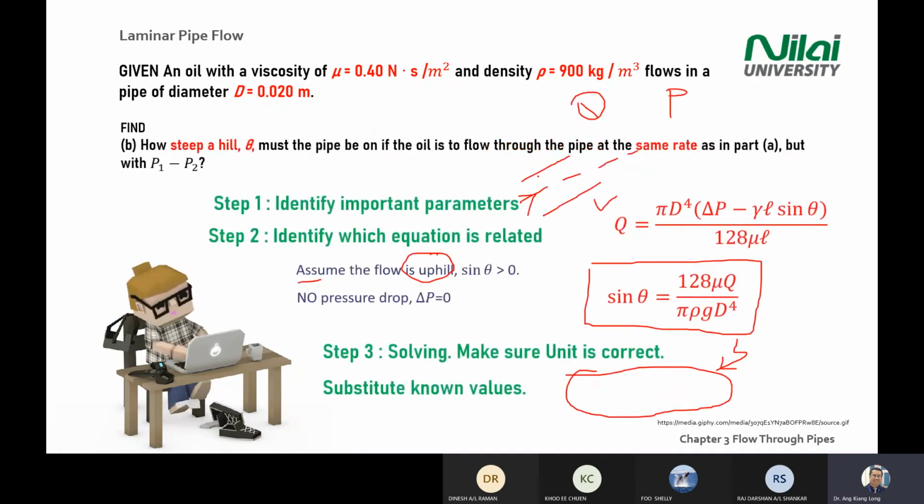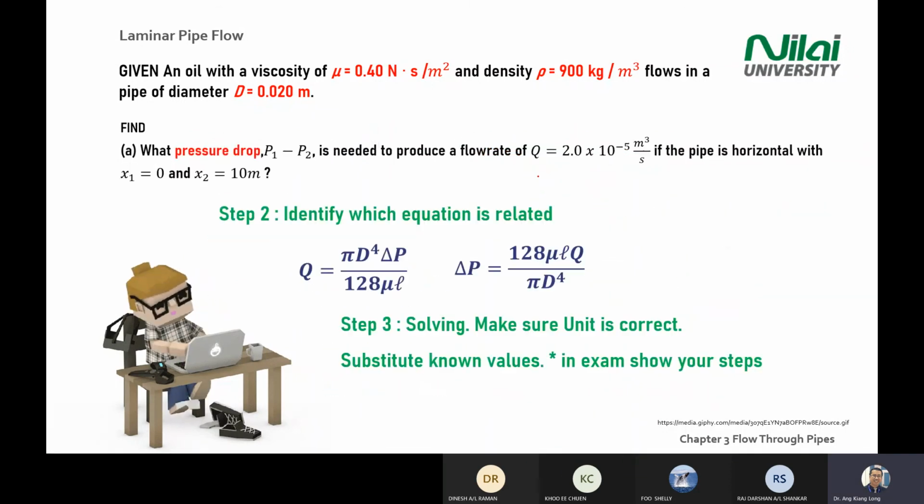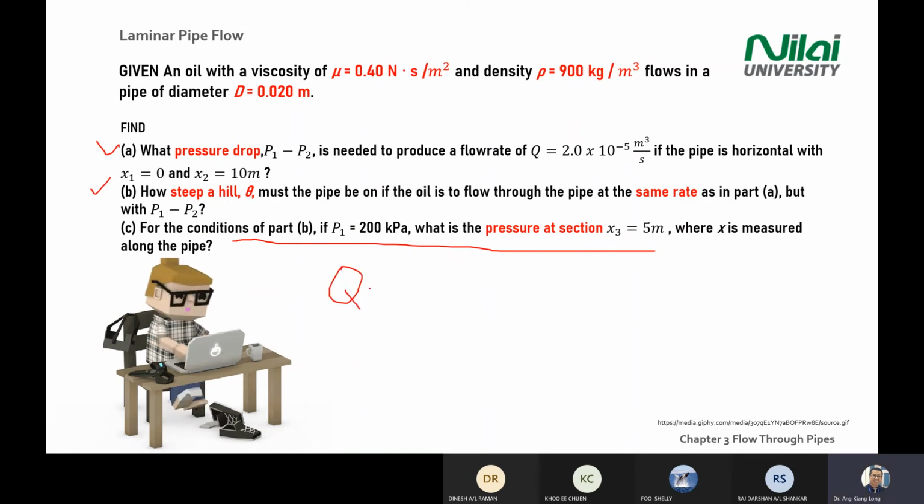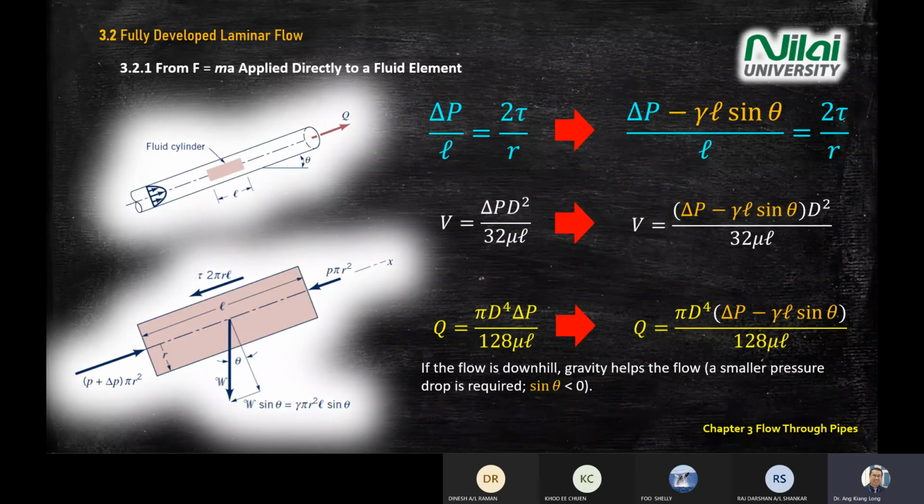Okay, let me go back to the general question just now. Okay, if you look at this, all this question, A, B, you solve. Question C actually is a trick question. Remember the Q that you calculate, that you use, Q equal to something 128 mu delta P, this equation, or this equation.